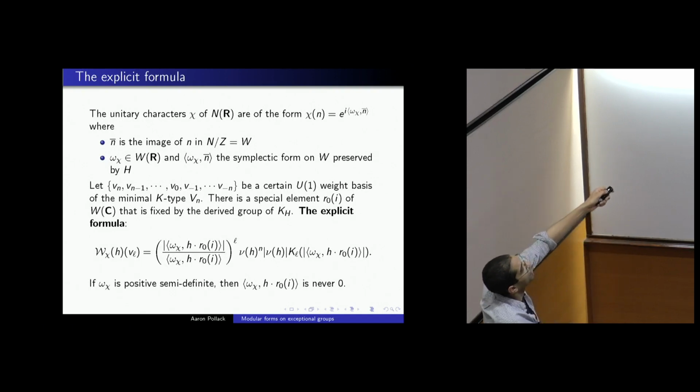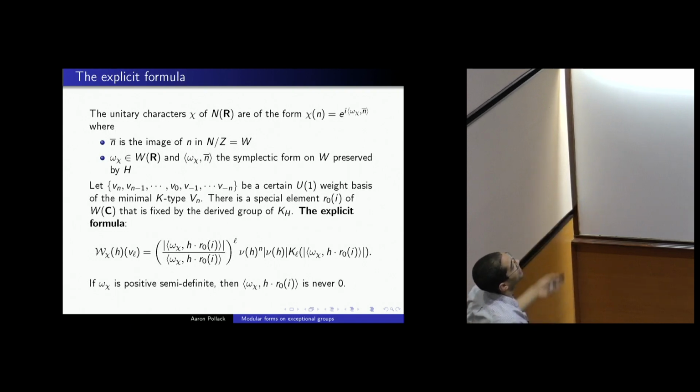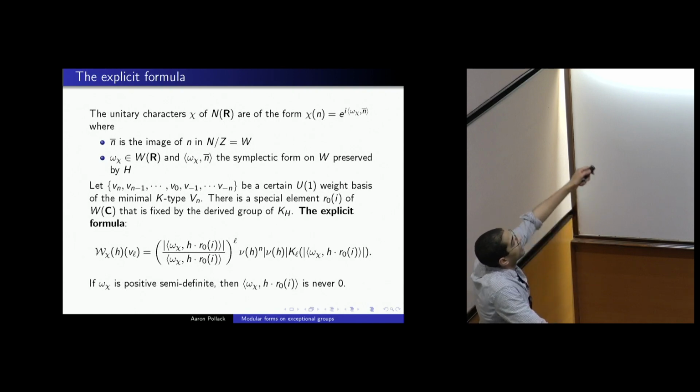So you take the image of n in this N mod Z, and then you fix some w chi in this abelianization of the unipotent radical N, and once you fix such a w chi, these are all the unitary characters, and here's the explicit formula for this function W sub chi.